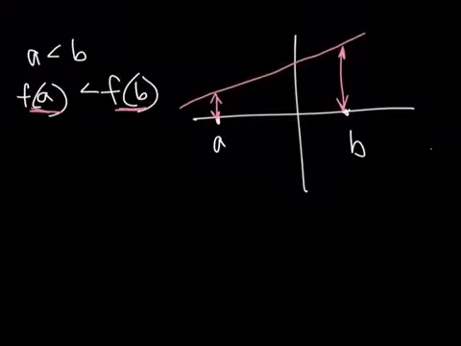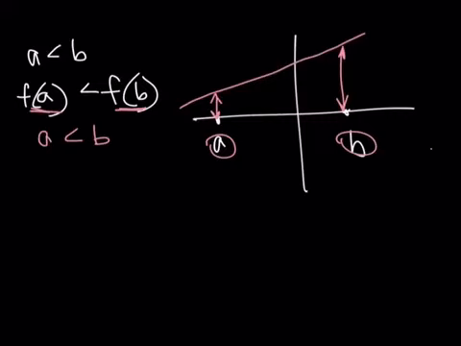Decreasing means the opposite. That a is less than b, which it still is. But what's happening, and we'll do this in blue here, is it's going downhill. So the function of a may be big, so f of a is going to be big, and the f of b is a lot smaller here.